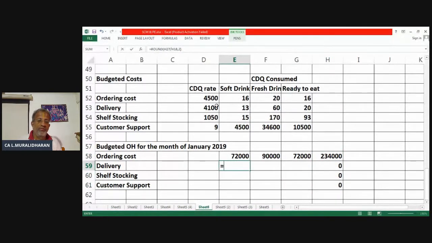It is 4,100 multiplied by 13. Here it is 1,050 multiplied by 15.